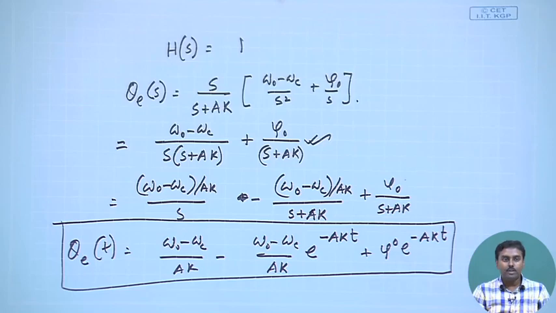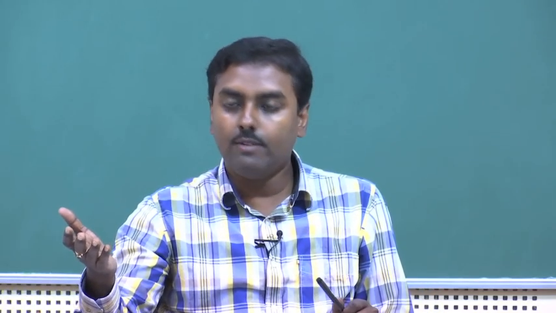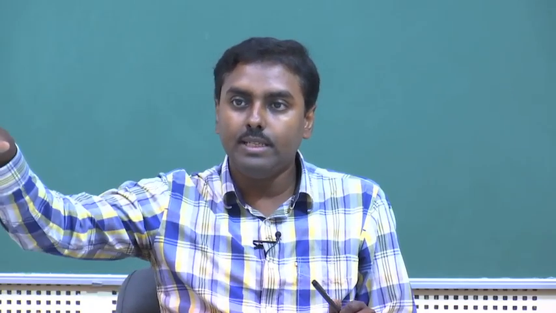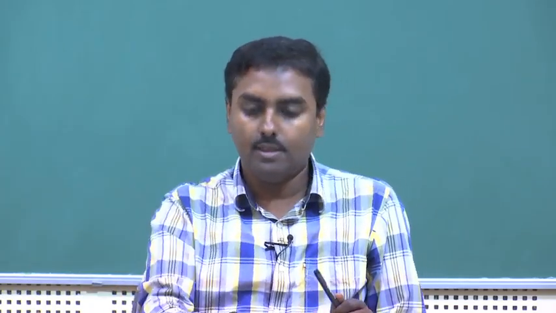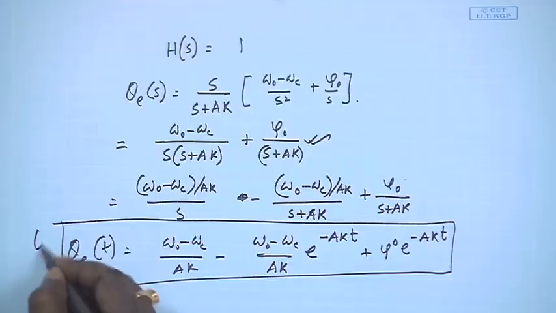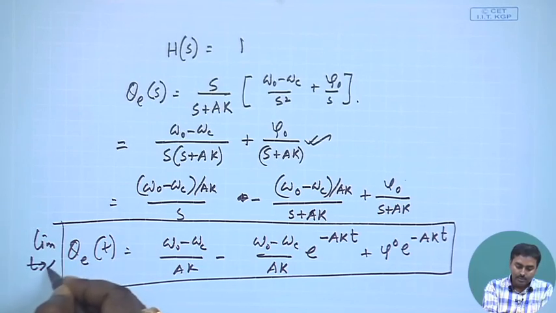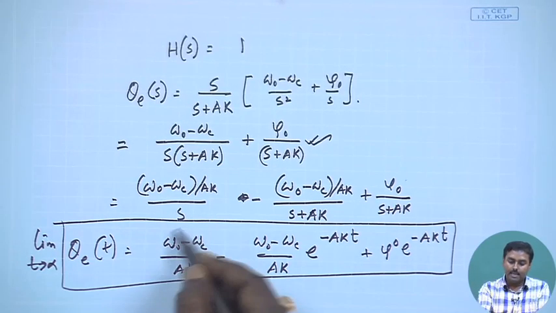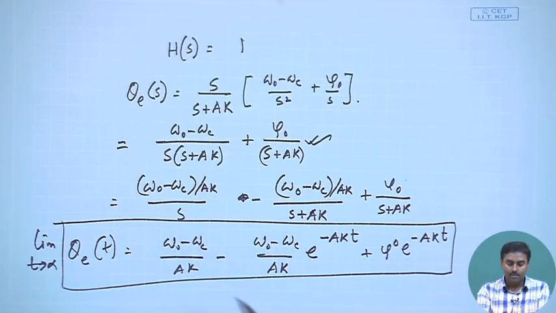Now, all I have to do is see the final value. Whenever I put time tends to infinity, that should be the steady state response of this particular circuit. So, for the steady state response, I put limit t tends to infinity. Immediately I can see this term will survive because it is a constant term.